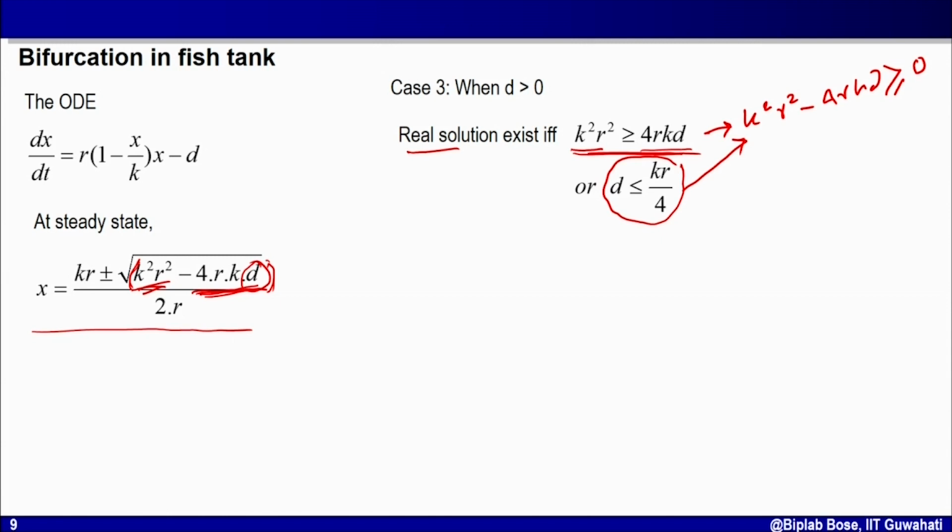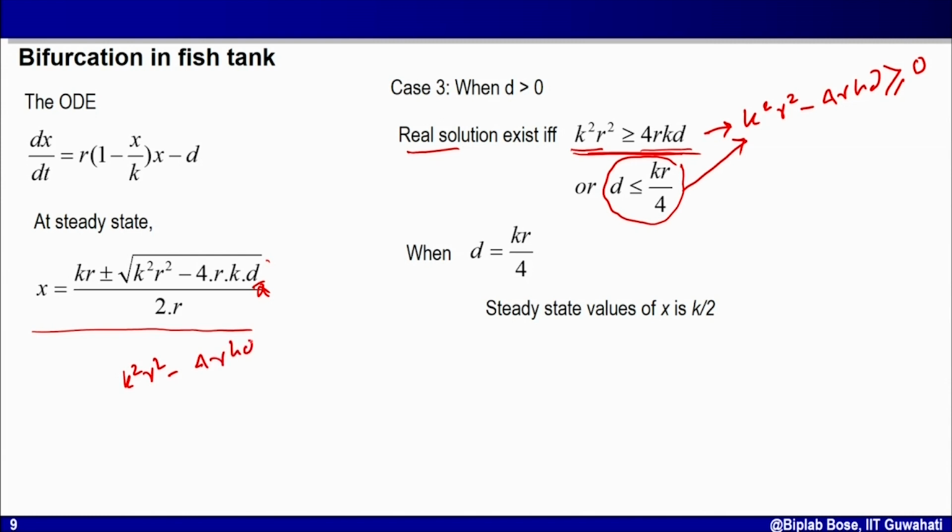So let us consider the case first where d is equal to kr by 4. So if d is equal to kr by 4, then I have only one steady state value. I can easily calculate k square r square minus 4rkd.